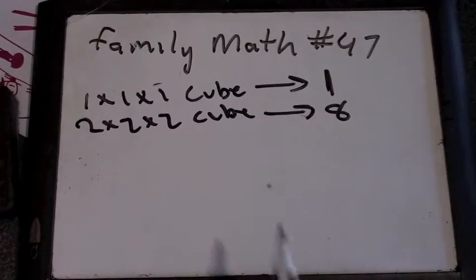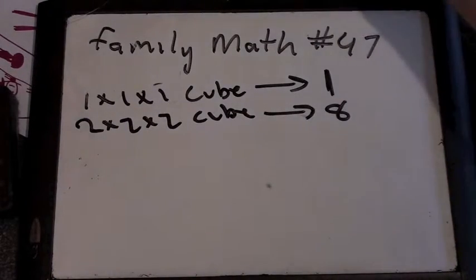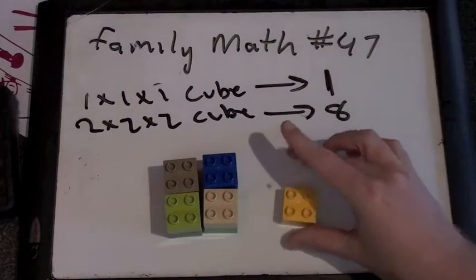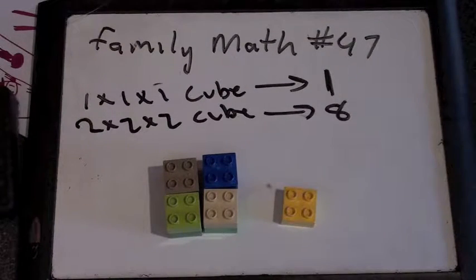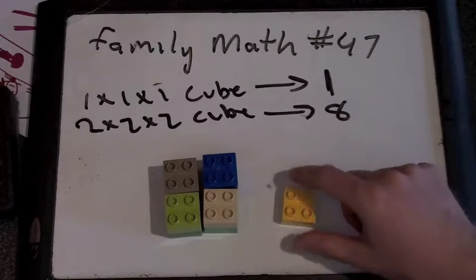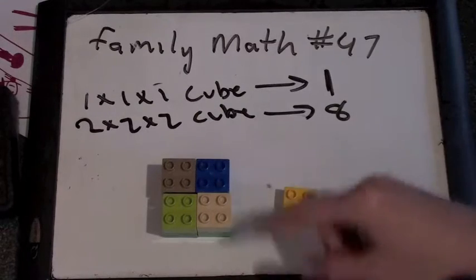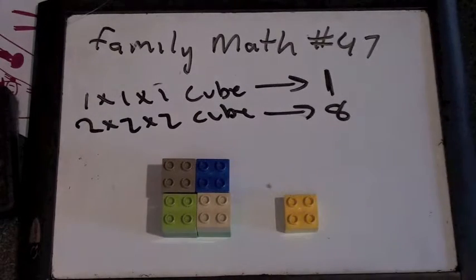So even though it's twice as far across, it takes 8 cubes. So remember, Jupiter was 11 Earths across, but it would take about 1,300 Earths to fill it up. Whoa. Here we have something that's twice as big across and tall and wide, and it takes 8 of them. So that's kind of surprising, right?